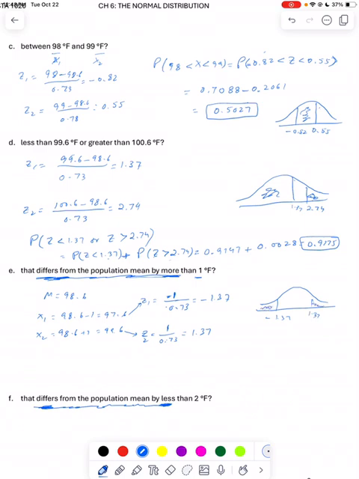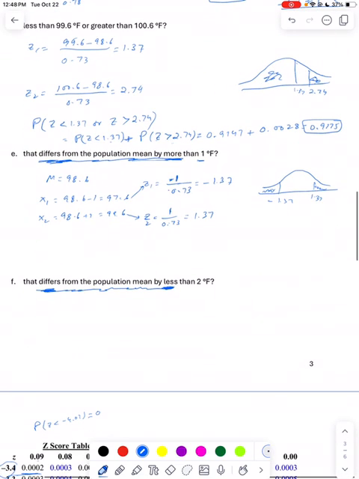So remember I showed you, the probability will be equal to 2 times, and we will now look up negative 1.37, and it is 0.0853. So multiply by 2, we end up getting 0.1706.